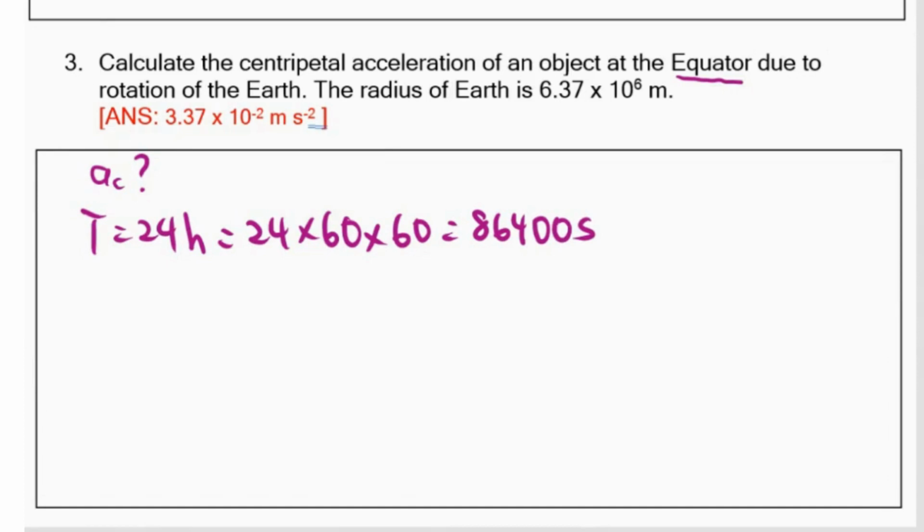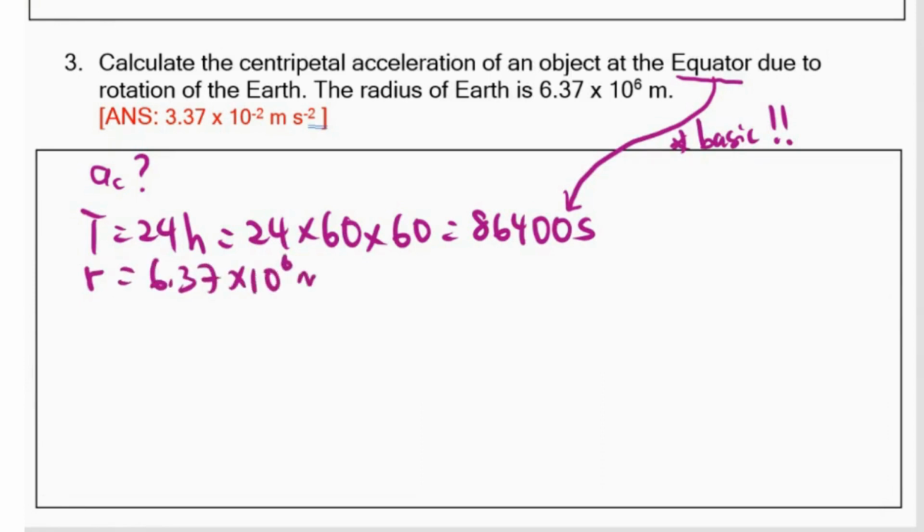So this is the concept at the equator. This is the basic you must know. And then given the radius of the Earth is 6.37 exponent 6 meter. So to find AC, we can use the formula V squared divided by R, but we are given the period.